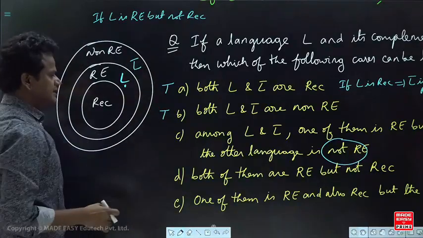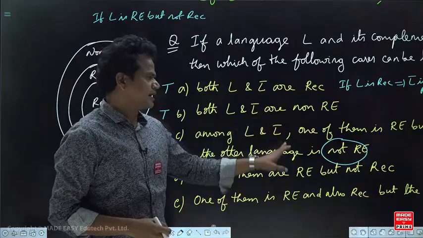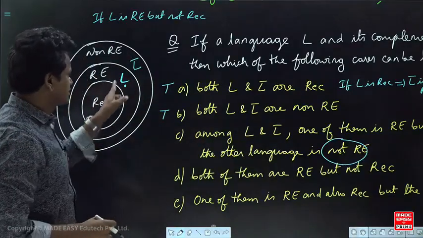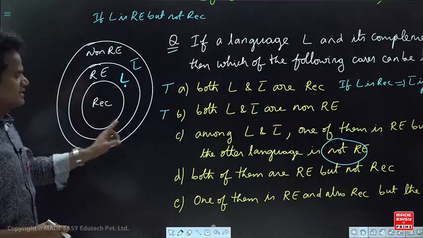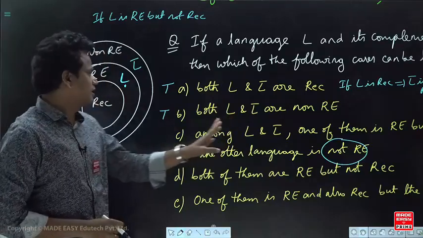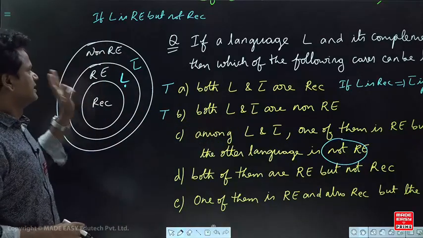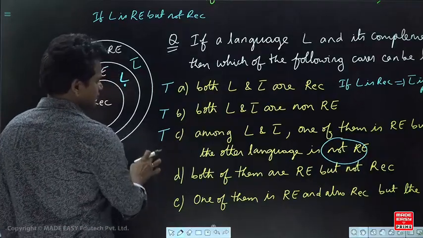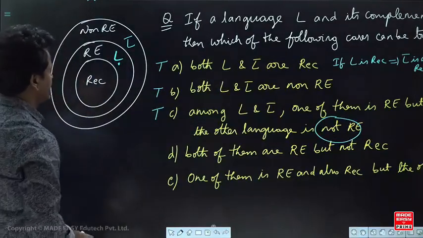Yes, among L and L bar, if one is RE and not REC, suppose L is RE but not REC, then L bar cannot be in RE. So L bar is not RE. Yes, this is also true. Now, both of them are RE but not REC.